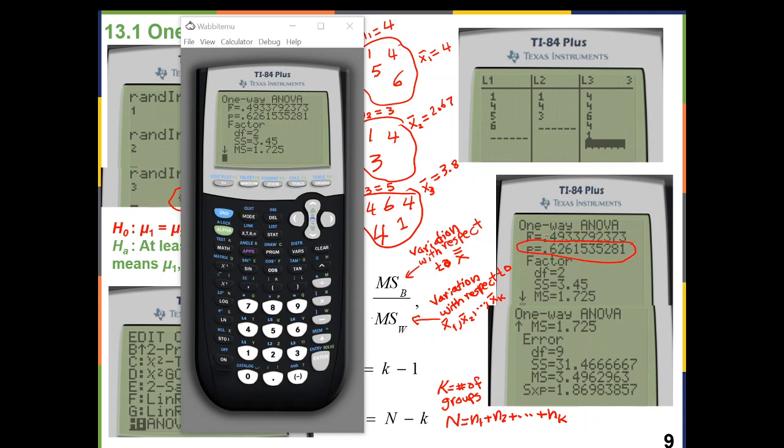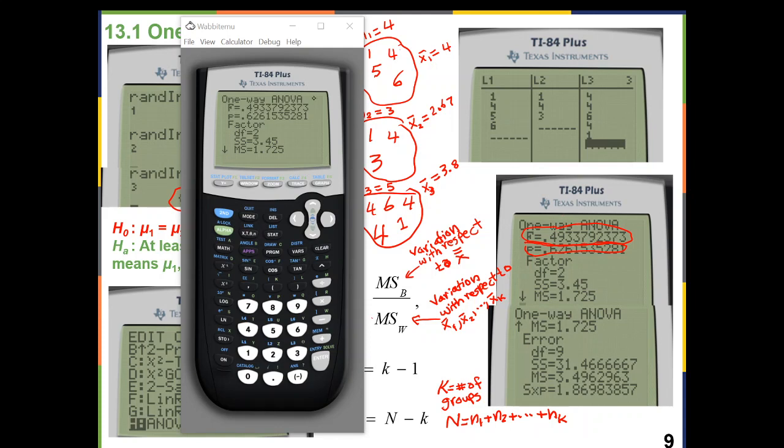And this number right here is the F statistic. So let me erase that so it won't be in our way. So this is the p-value, and this is the F stat. I'm going to explain where the F stat comes from and where the p-value comes from.